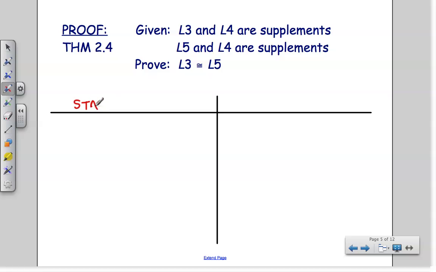So, statements and reasons here. As always, start out with what I am given, which are these two statements. Angle 3 and angle 4 are supplementary.